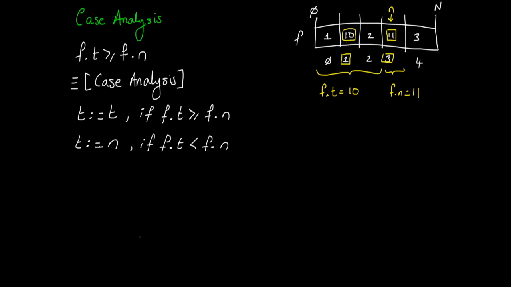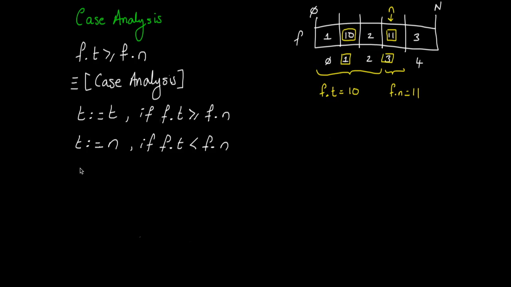We did have 10 as the largest, now 11 is the largest. The index 1 was the index of the largest up to this point, but now we found the new largest, so now the index should be set to 3. So if we find an f.n that is larger than f.t, then t needs to become equal to n in order to store the index of that new largest value in the array.